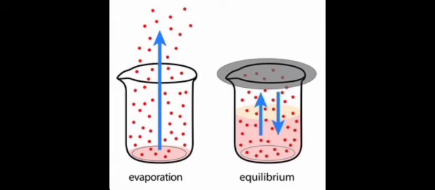So if you are asked what should be done to increase the yield of ammonia in this reaction? Simply increase the pressure, because the moles of products formed are fewer than that of the reactants. So if you increase the pressure, you yield more of the products.